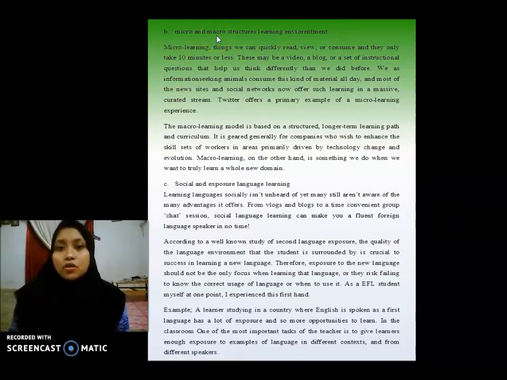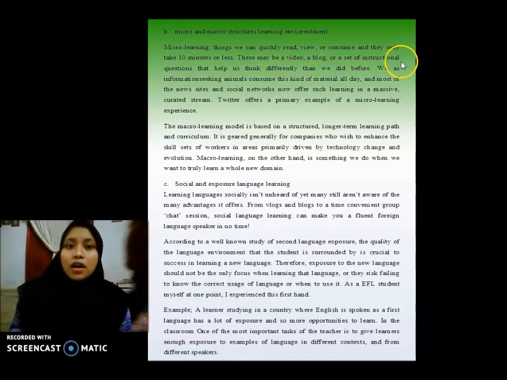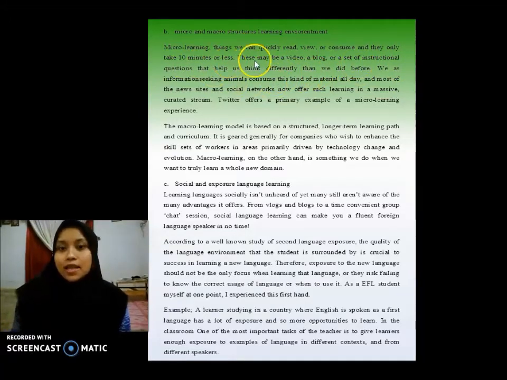B. Micro and macro structures of the learning environment. Micro learning: things we can quickly read, view, or consume, and they only take 10 minutes or less. They may be a video, a blog, or a set of instructional questions that help us think differently than we did before. And the macro learning model is based on a structured, longer-term learning path and curriculum.